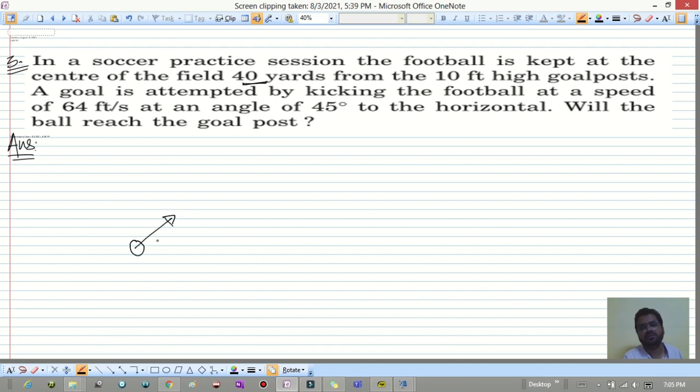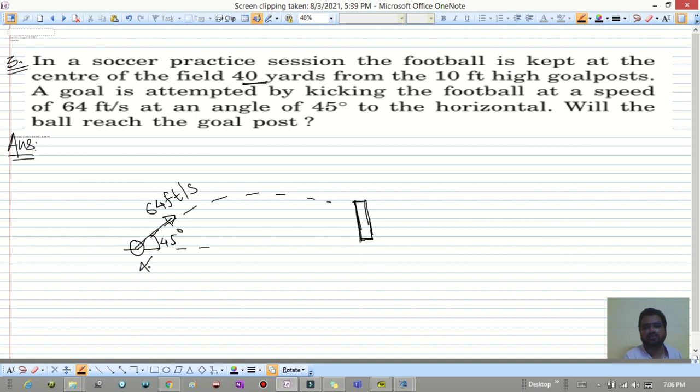So this is the football. The footballer kicked this football at an angle of some 45 degree, and we have the velocity with which it is hit is 64 feet per second. So it will go, and this net is given at a distance of 40 yards.